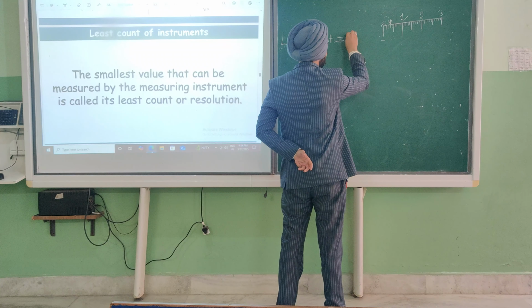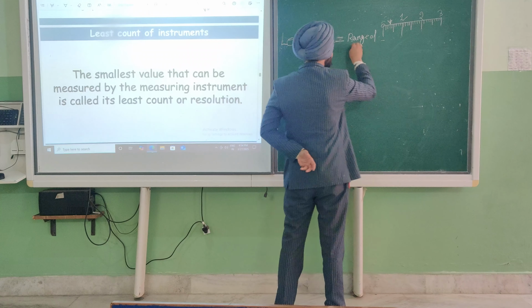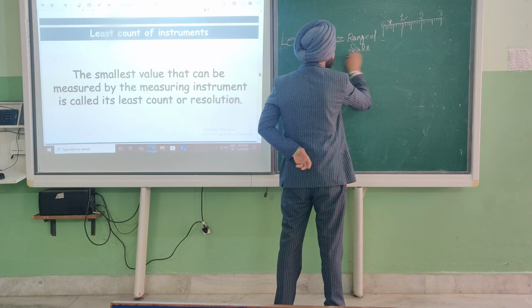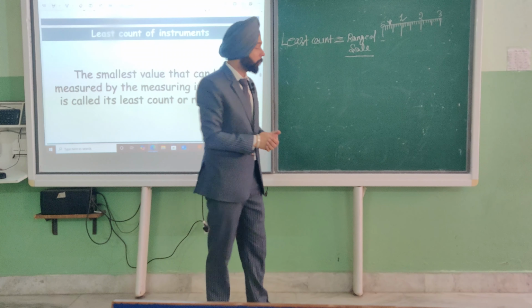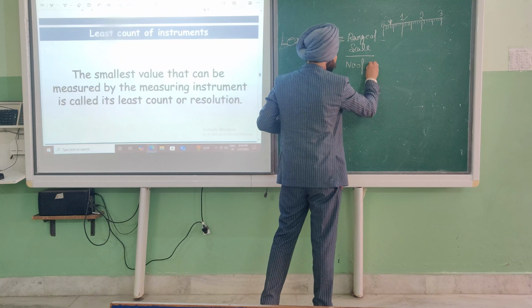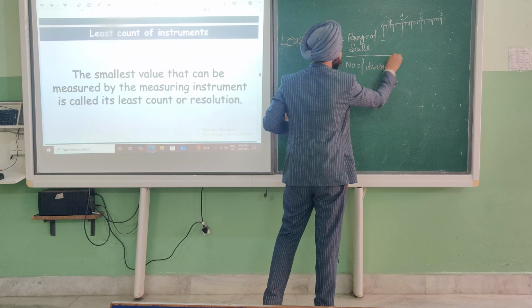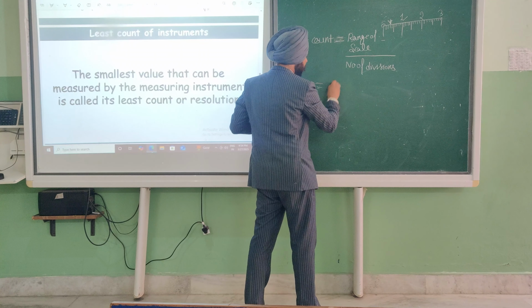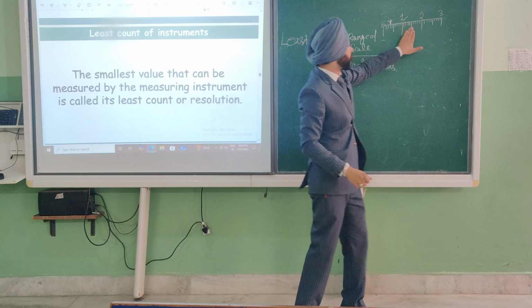The range of the device or scale. This one is the formula to find the least count: range of scale divided by number of divisions. The range of scale is 0 to 3, number of divisions 10, 20, 30.